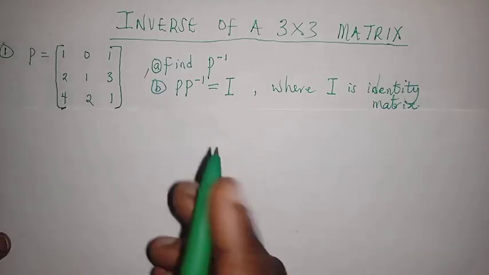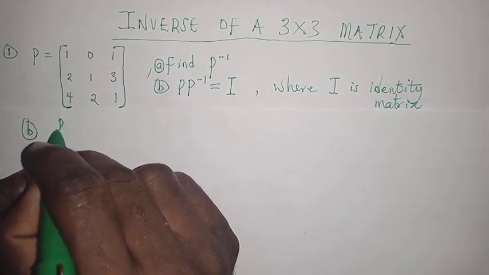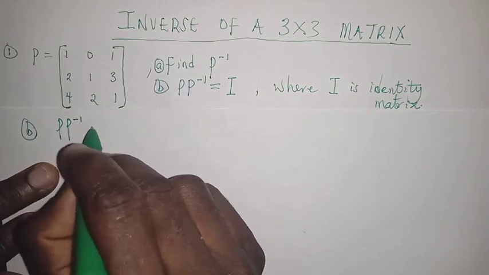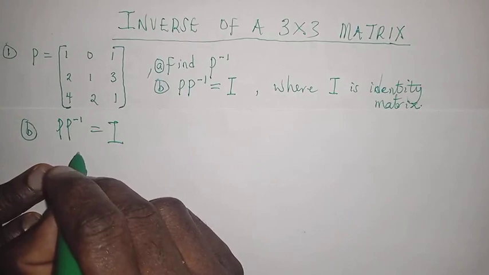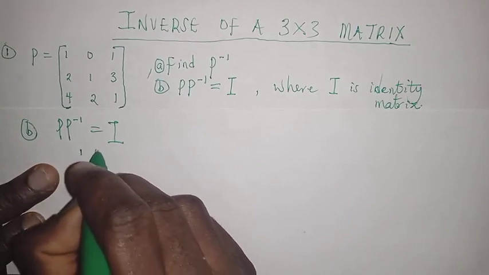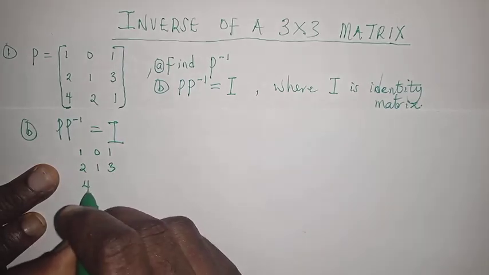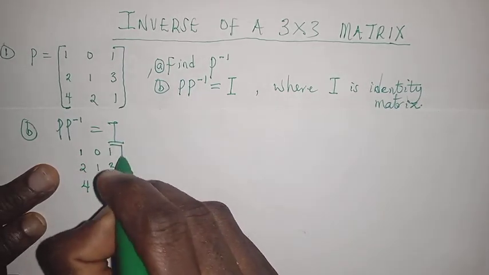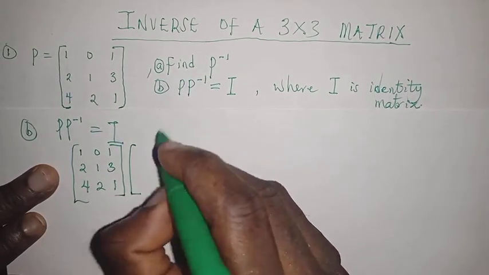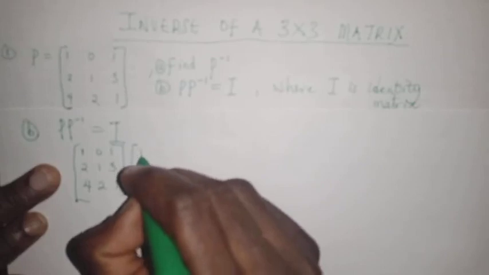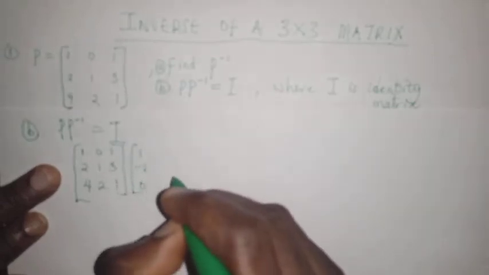The next part of the question says, show that the product of P and the inverse of P gives us the identity matrix. So P is 1, 0, 1, 2, 1, 3, 4, 2, 1. This is matrix P, while the inverse of matrix P is 1, minus 2, 0.